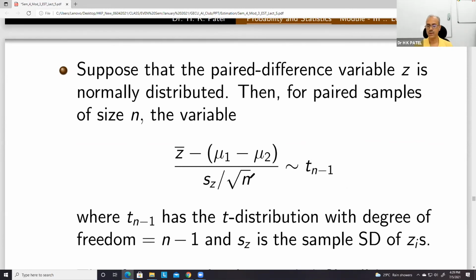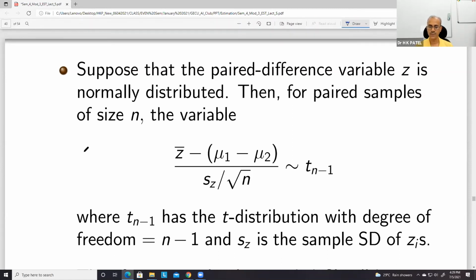This we have seen in the last lecture. This is our statistic, and this is our standard error.